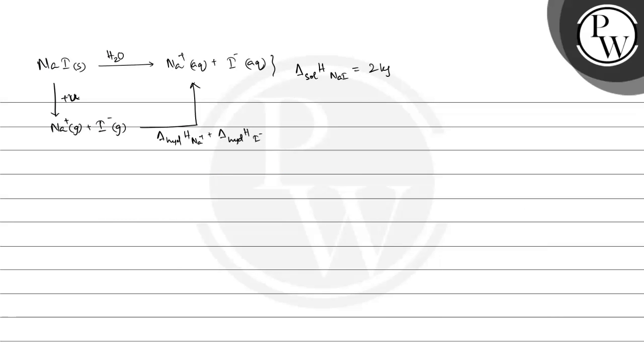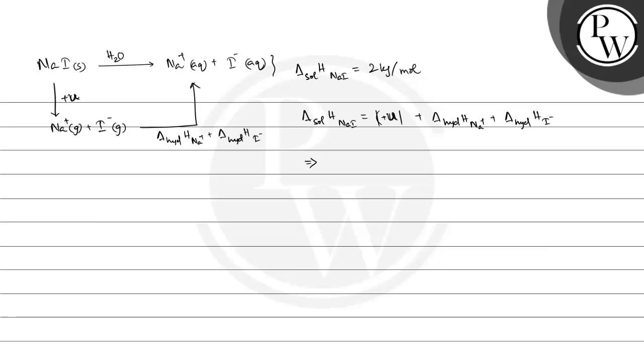Now the expression in terms of these enthalpy values will be delta solution H of NaI will be U, that is plus U, and we take its magnitude, plus enthalpy of hydration of Na plus plus enthalpy of hydration of I minus.